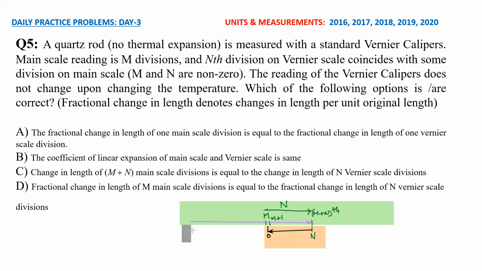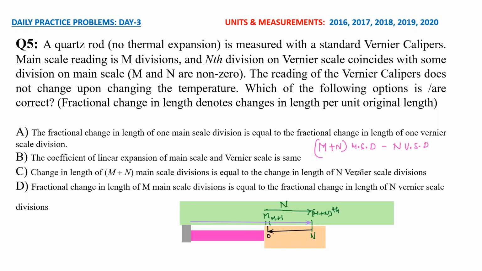The length of your object, which is accommodated between the jaws, is nothing but m plus n main scale divisions minus n vernier scale divisions.